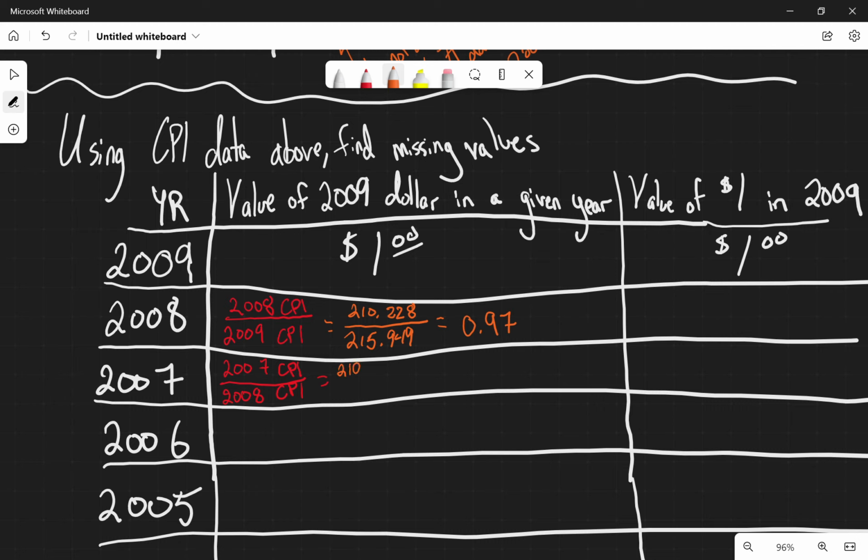So I made a mistake. What is the mistake that I made? Because I was just about to say, this is going to be really close to 1, but it shouldn't be really close to 1. I made the mistake of the fact that this should not be 2008 CPI here, right? Because we're talking about the value of a $2009. So this should be 2009 on the bottom here.